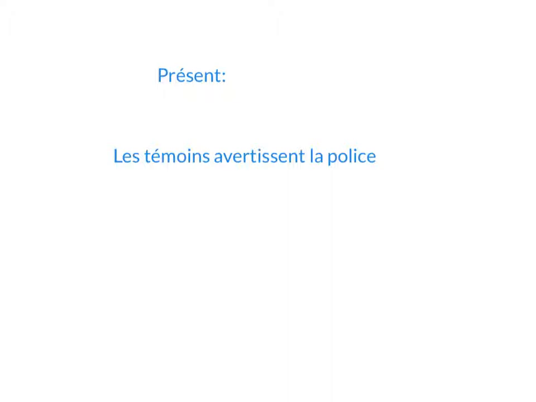So to form the passive, I'm going to start with la police, because I've said that's what is important. Then I need to use être in the present tense.